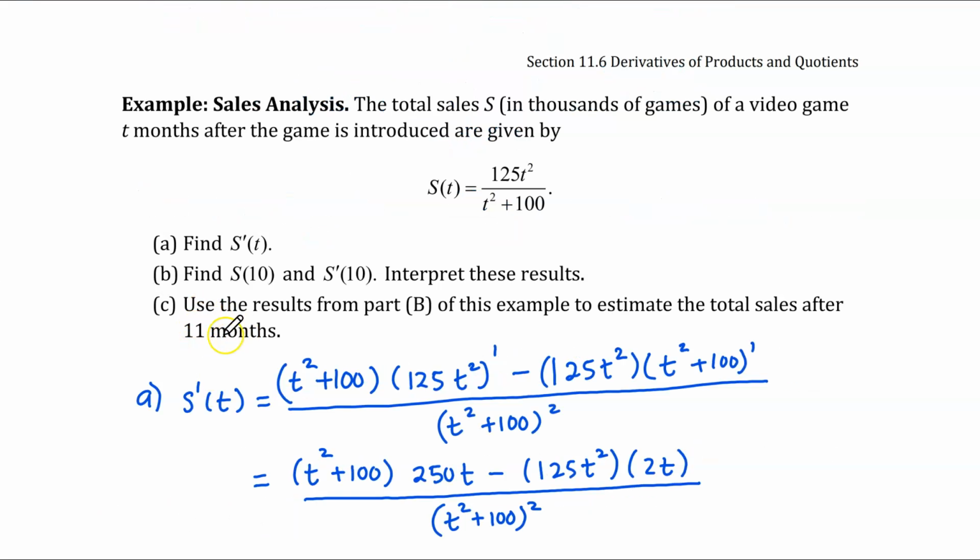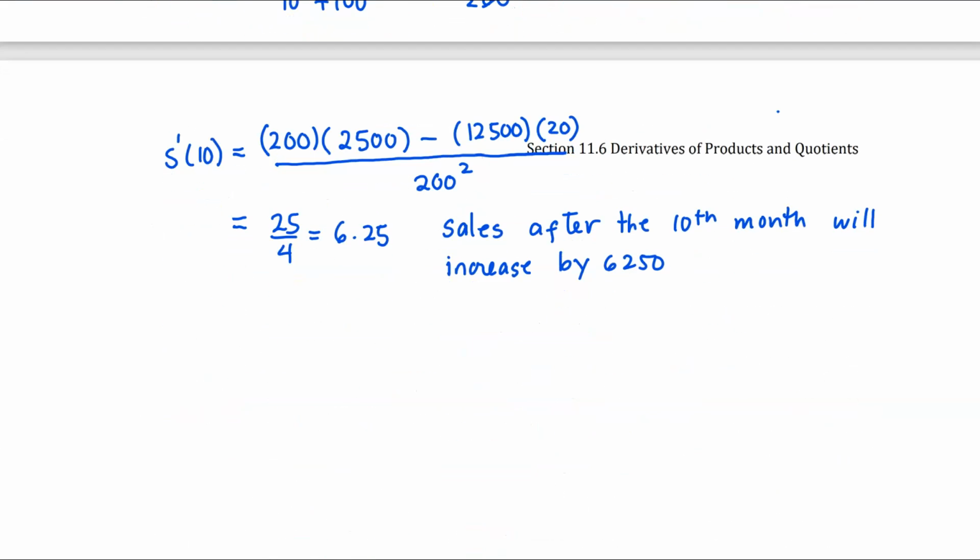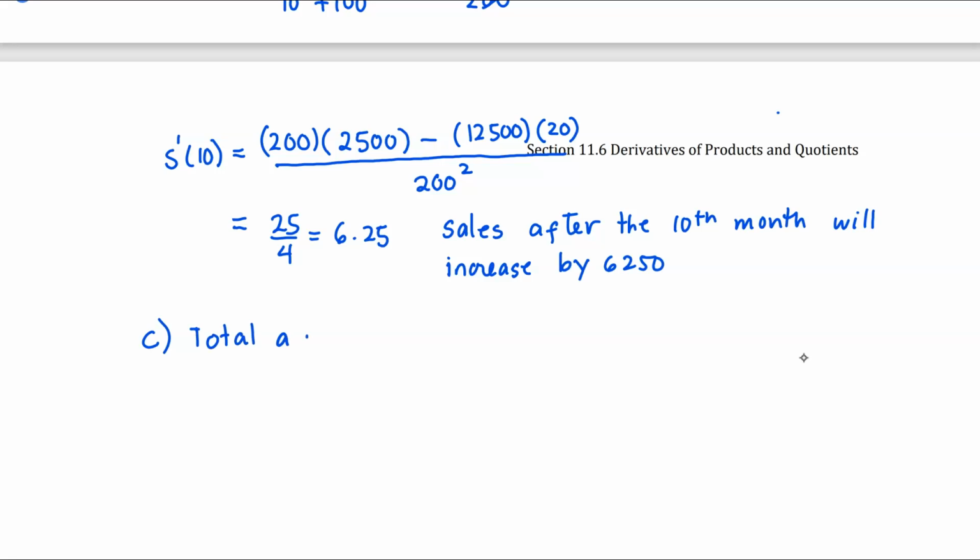And so to answer letter C, to use the results from part B to estimate the total sales after 11 months, we have the sales on the 10th month, s of 10, plus s prime of 10, which is the increase in the sales after the 10th month.